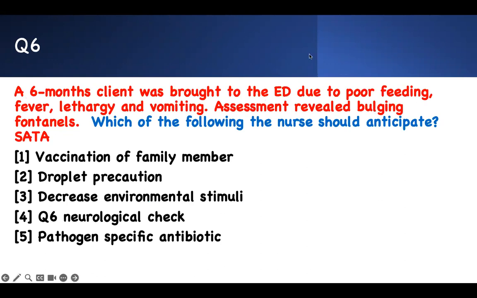Which of the following should the nurse anticipate? Something is bad, right? A 6-month-old is brought into the emergency room. What is the problem? Poor feeding, fever, lethargy, vomiting. If you can figure out what is going on, look at it. Assessment reveals bulging fontanelle.